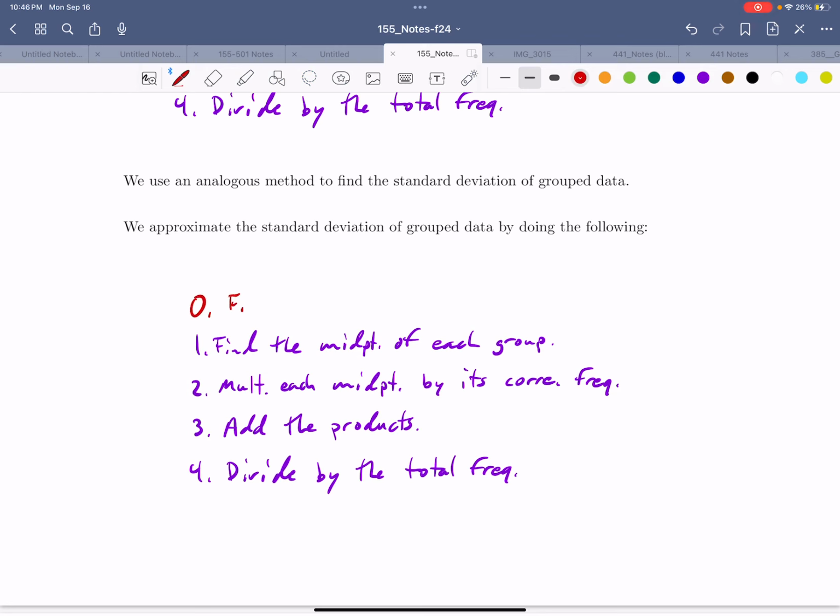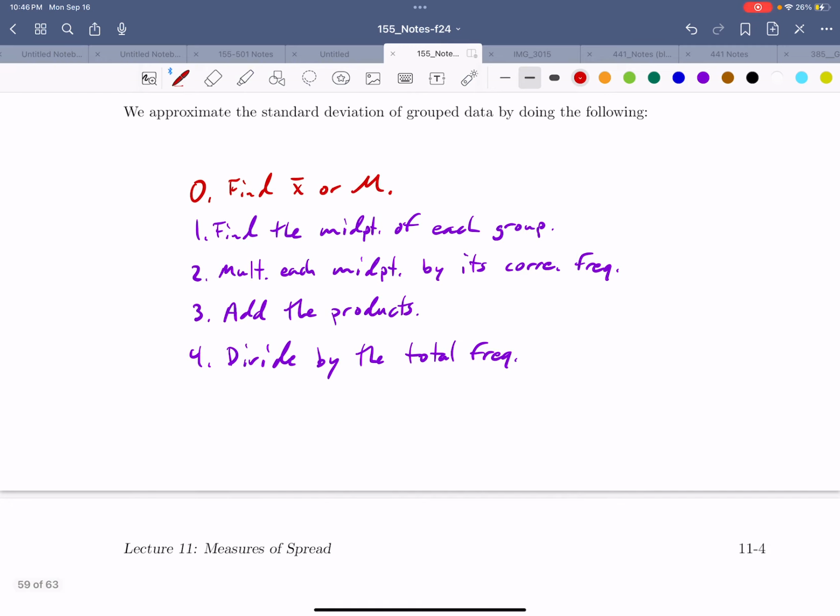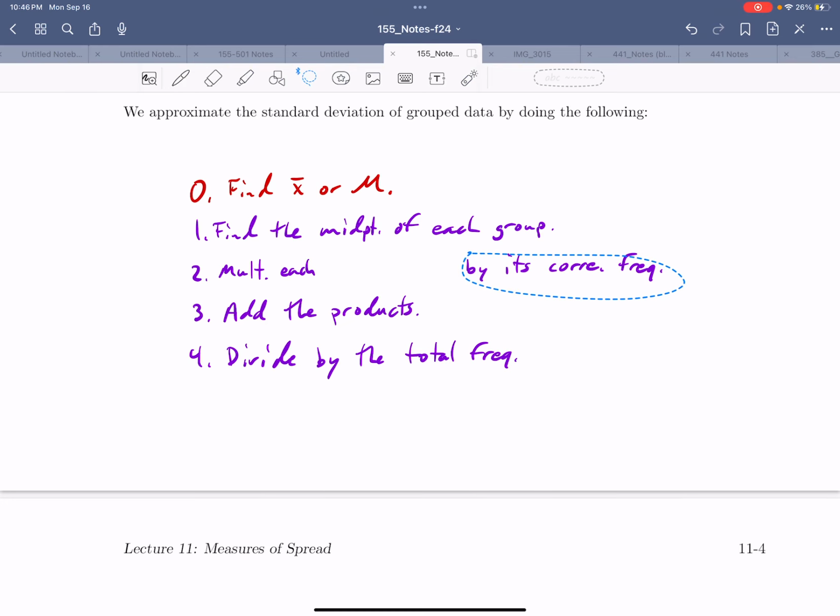Number 1, find the mean, which is either going to be sample mean or population mean. Still going to find the midpoint of each group. Instead of multiplying each midpoint by its corresponding frequency, we're going to multiply each midpoint minus the, I'll just say mean, squared.